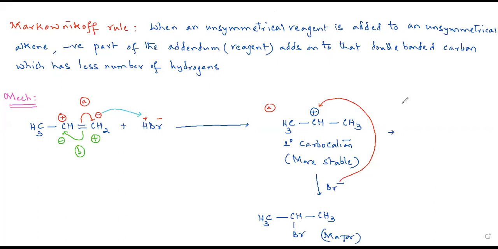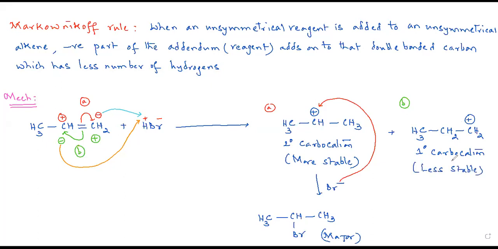Now coming to possibility B, again it's the addition of electrophile first, negative to positive. We get CH3, CH2, then this CH2 plus. This is what is called a 1 degree carbocation. Now this 1 degree carbocation is less stable when compared to 2 degree.